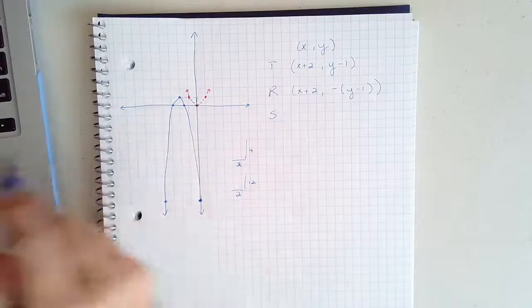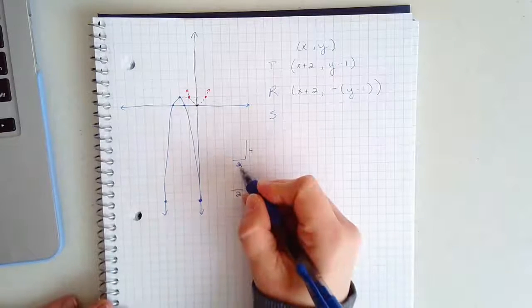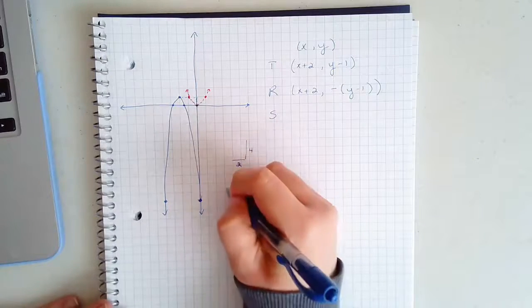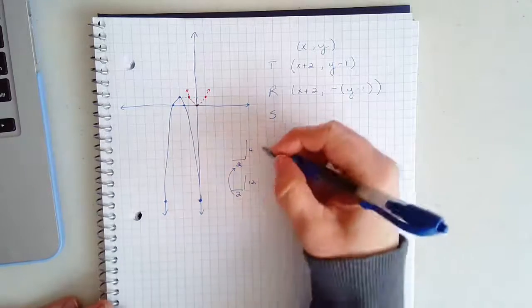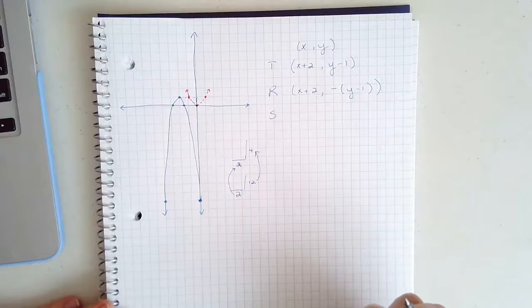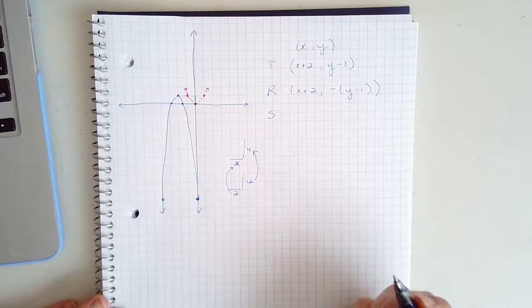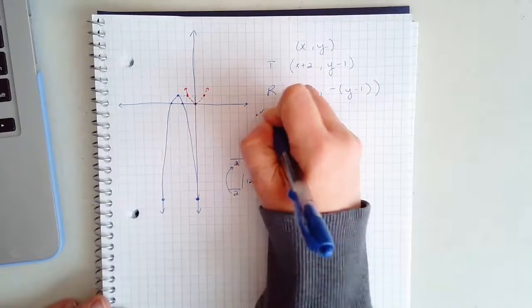So now I've got to get back home. I'm going from here to here. Well, that one we maintained the same. How do I get, though, from 12 to 4? Well, the only thing I can do that's multiplication or division, remember stretches are always multiplication or division, is I can divide by 3, right?